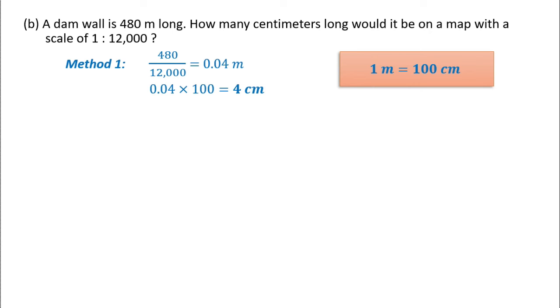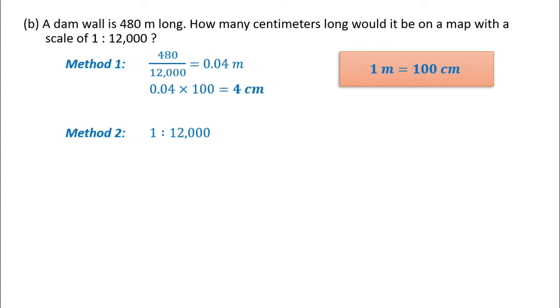Now, if you cannot think of method number one, again, because sometimes you're confused whether to multiply or divide, just use method number two, the ratio scale. The original ratio scale is 1 to 12,000, and we know the real life length is 480 meters.